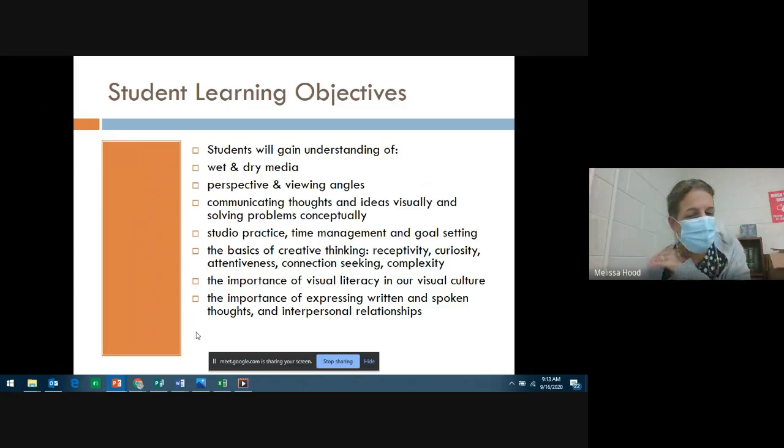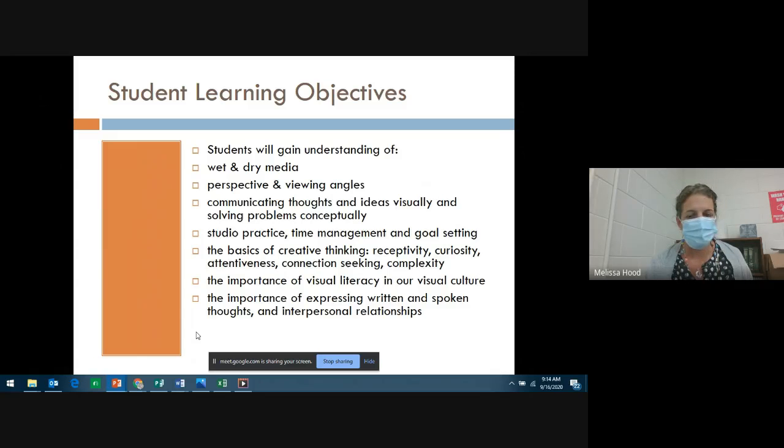And then we spend a lot of time in class. So when you see studio practice on this slide, it basically just means how the student spends their time making art while they're here with me. I'm always trying to get kids to think creatively, to question, well, how can I do this better? What's my issue? Why am I not liking this?